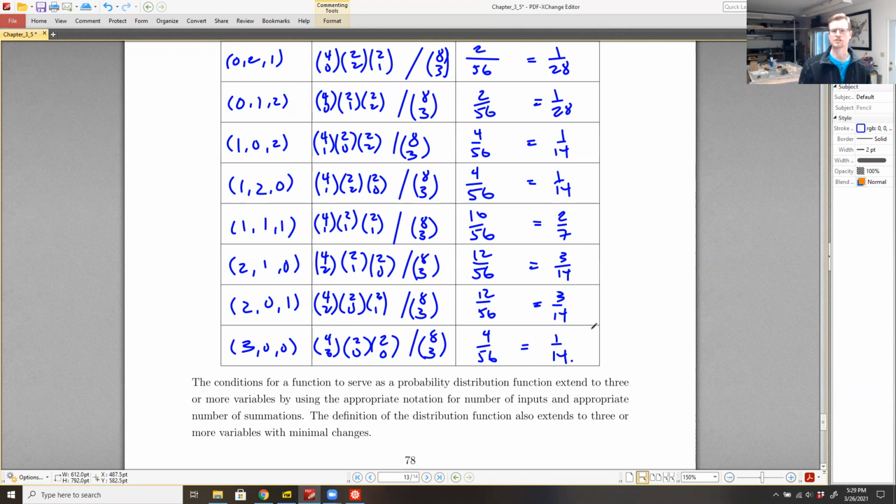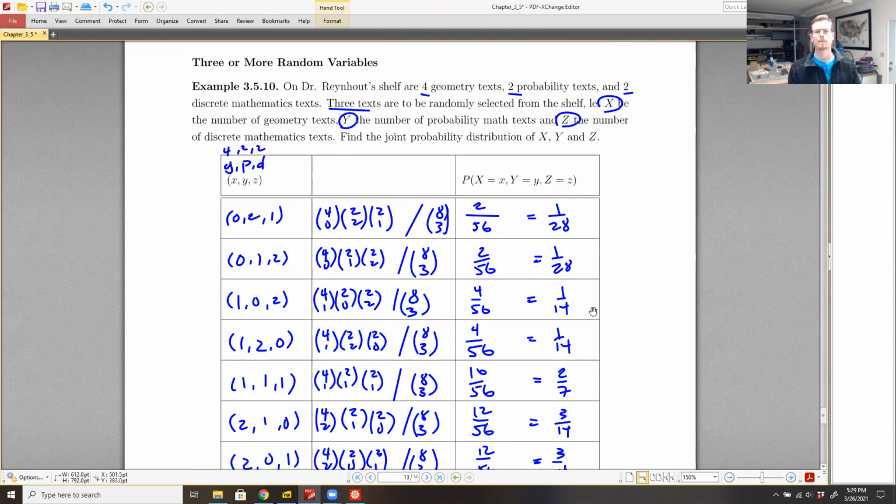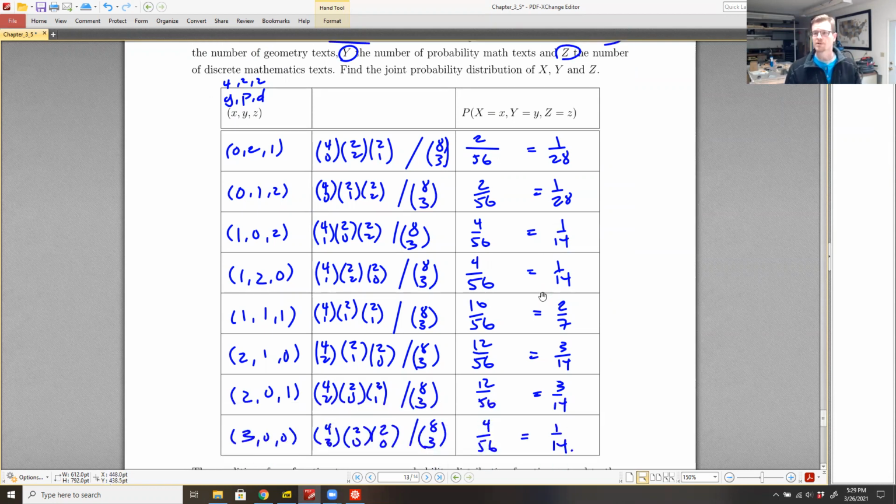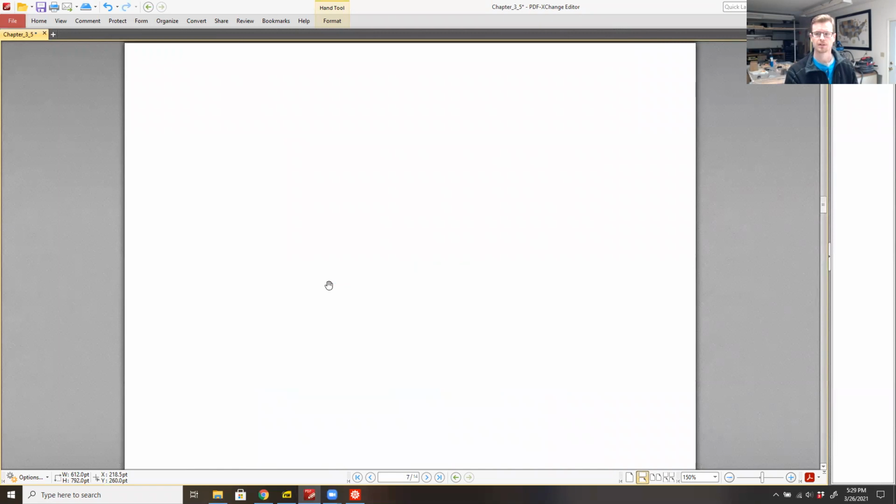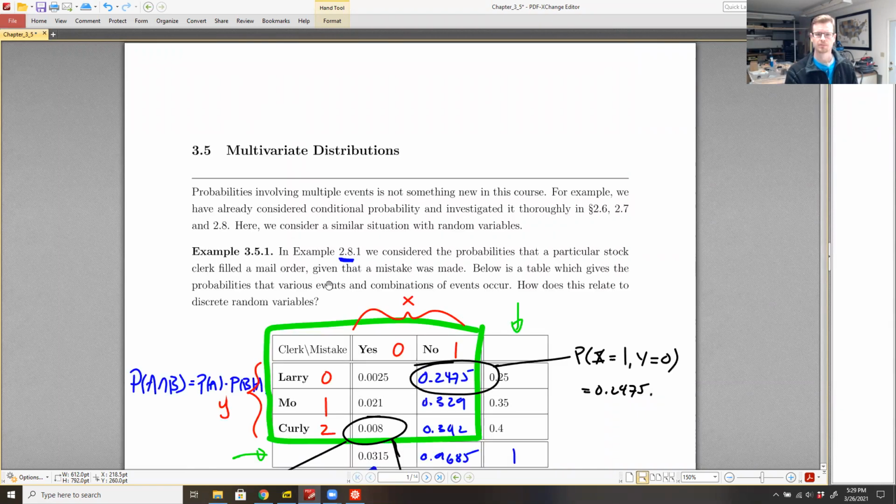All right, so this is the joint probability distribution of X, Y, and Z. It is in a table, yes, but it's not in a table like we saw at the beginning of the section. Let me flip back to that a moment. Here we are.